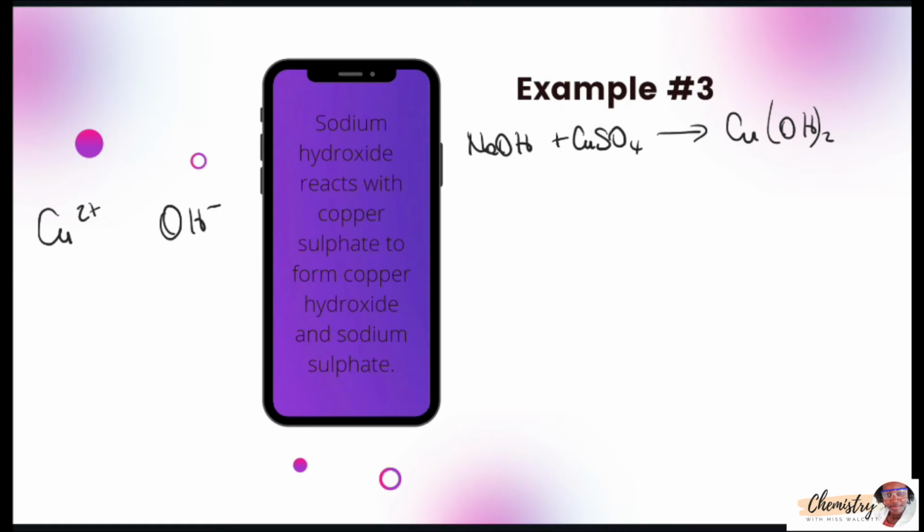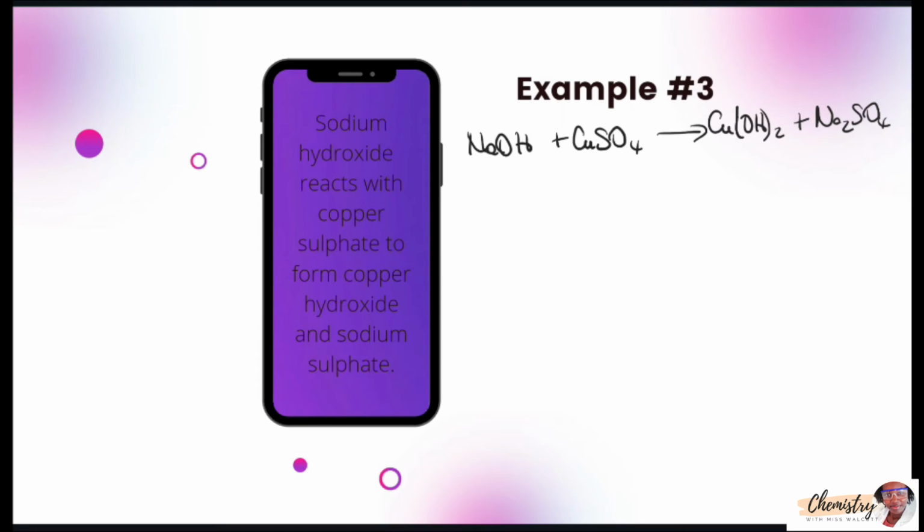Remember to put your polyatomic ions in brackets if you have more than 1. And finally, we have sodium sulfate. From these ions, we can see that we need 2 sodium ions to cancel those 2 negative charges of the sulfate ion. So now we have our equation.